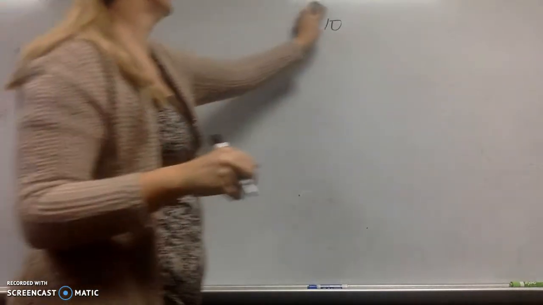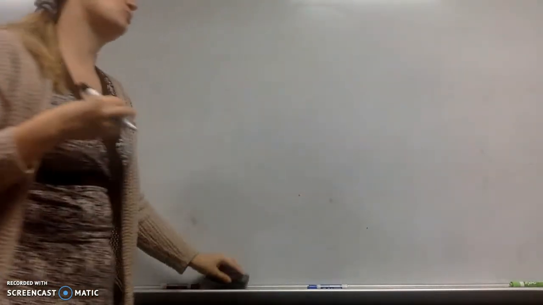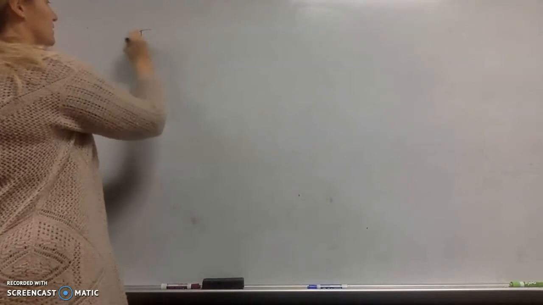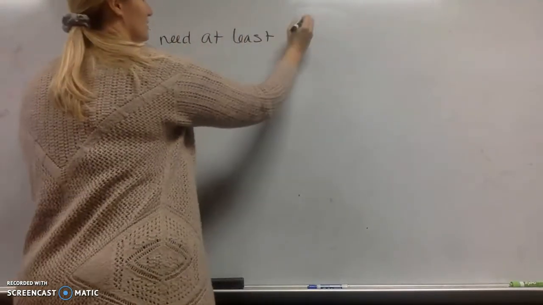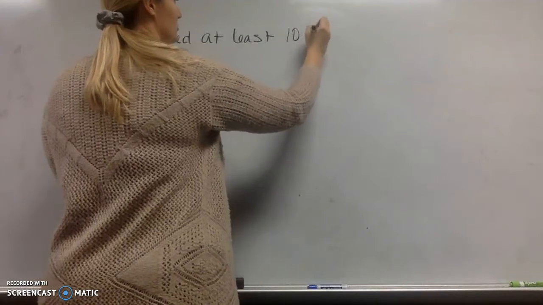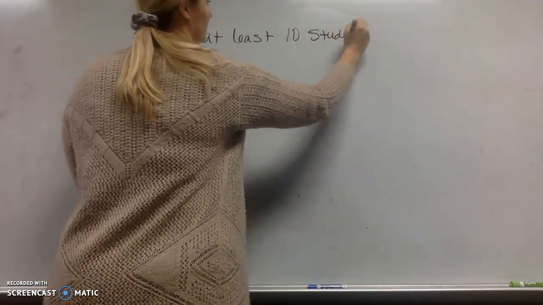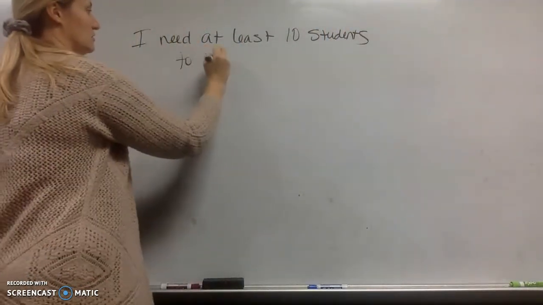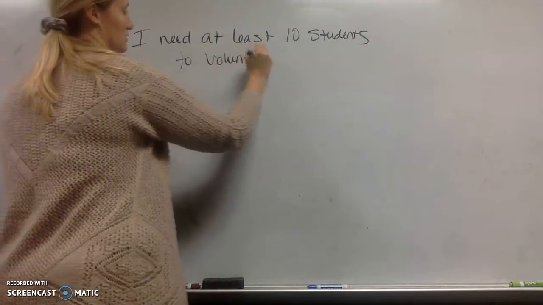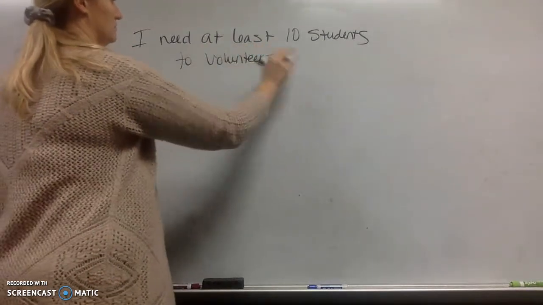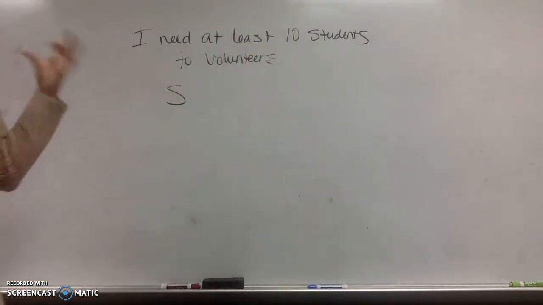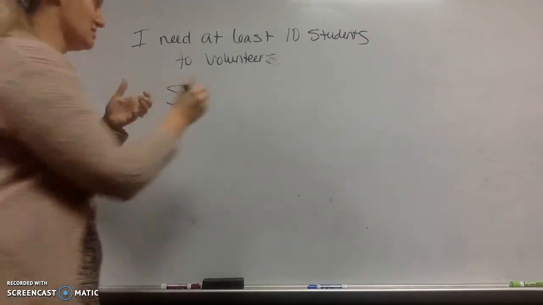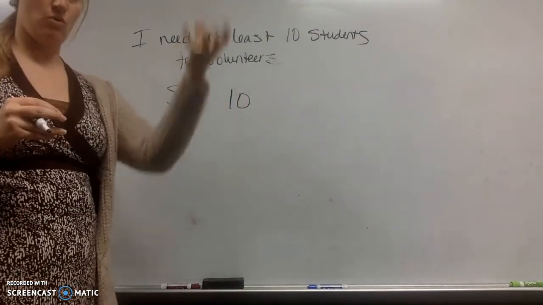Okay. But it might not just be the words greater than or less than. If I say I need at least 10 students to volunteer, okay, so my number of students at least means I need 10 or more.